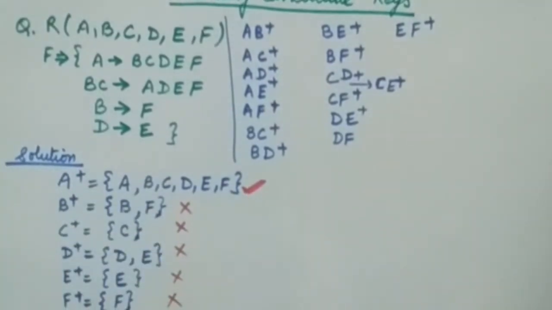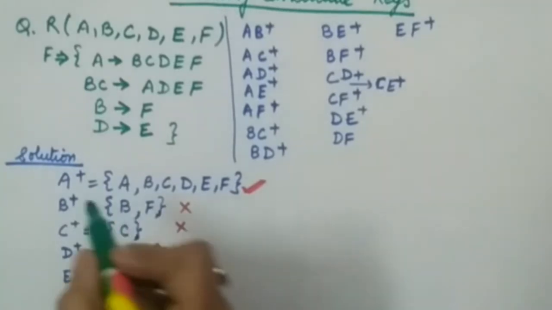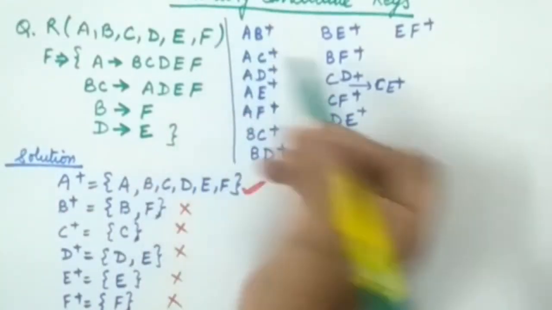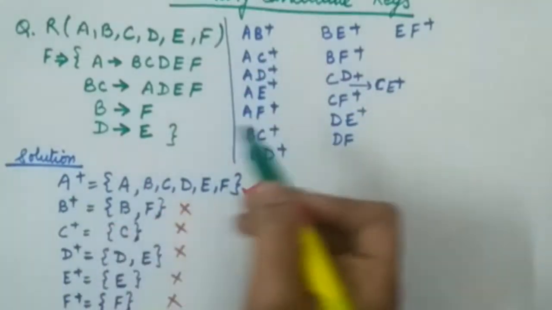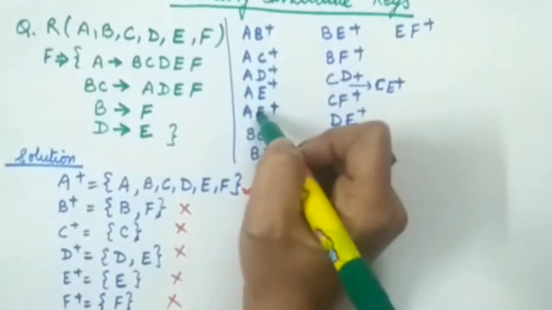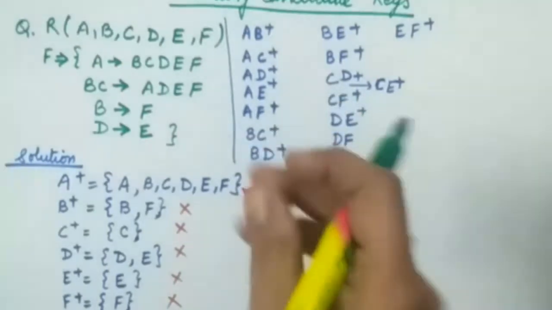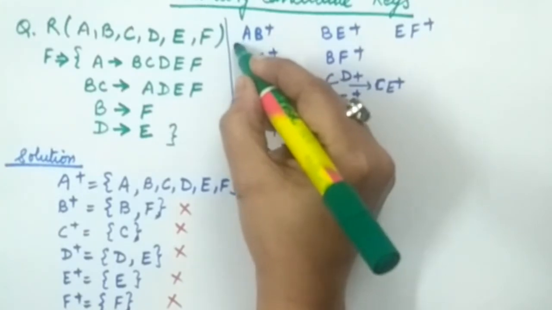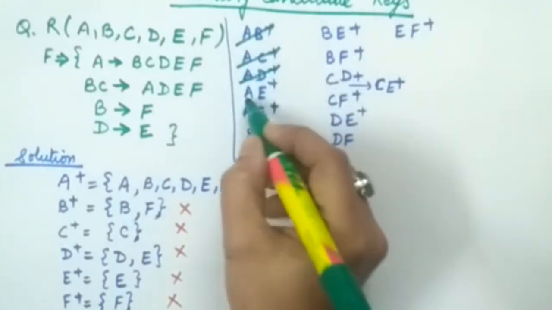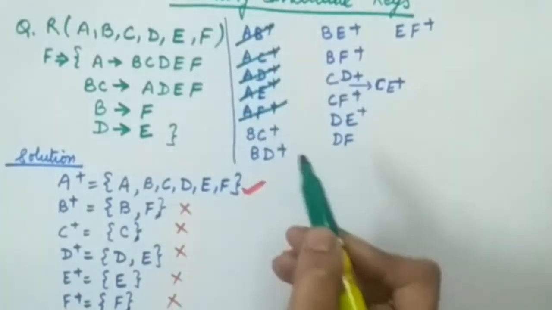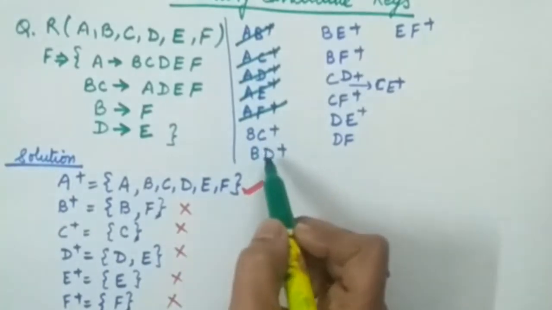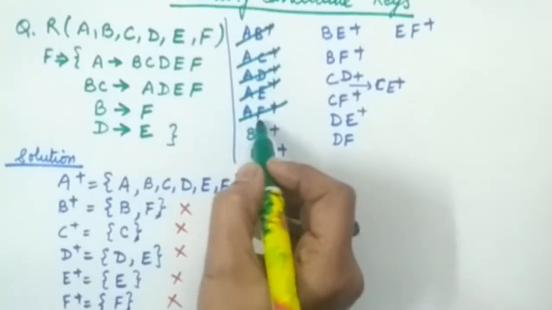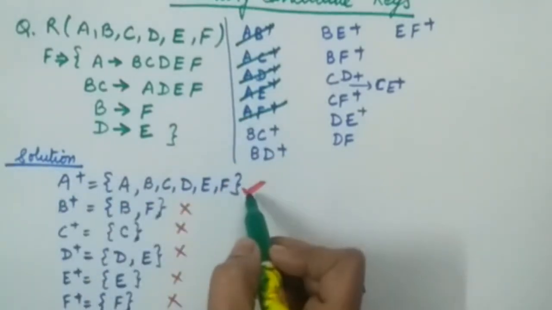Now if A is the candidate key, then adding any other attribute with A, A, B, A, C, or A, F is useless. It will form a super key. So I will not find the closures of these sets. I will find the closures of B, C, B, D and so on, but not with the pair containing A, because A is already a candidate key.